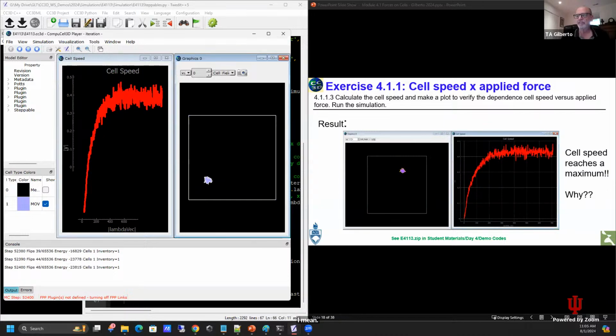Since you have a finite size of the cell and you have a grid, you cannot impose more force than the cell can handle. Okay? The maximum displacement for the cell during that Monte Carlo step is determined by the size of the cell and from the probability function. You cannot move the cell more than 1 pixel per Monte Carlo step, one pixel per time interval.